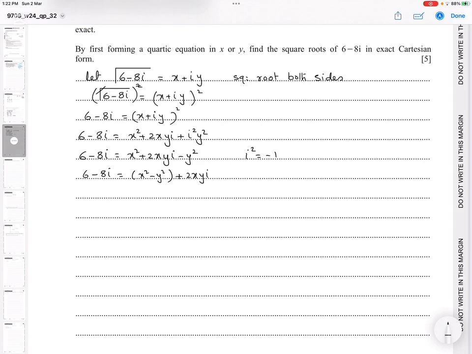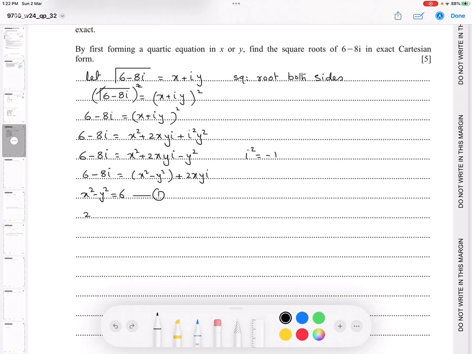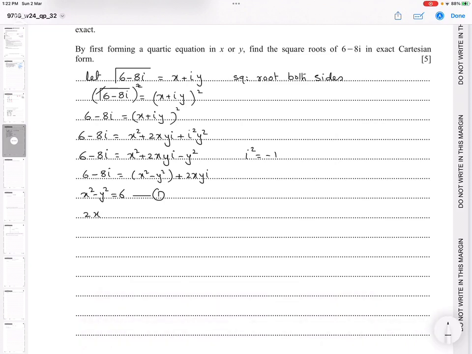Now compare the real parts with the real and the imaginary parts with the imaginary. So I can write x squared minus y squared is equal to 6, and this is my first equation. These are the real part, and I can compare 2xy equals minus 8. These are the imaginary part.